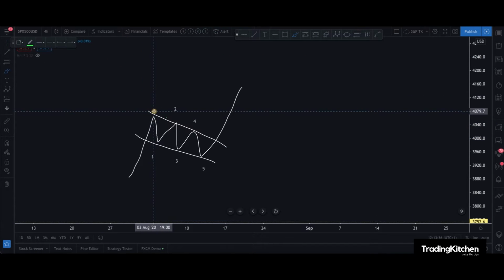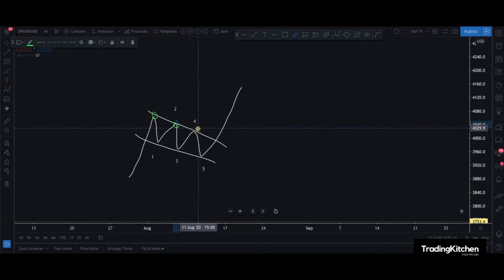So this is the 0, it must be above the 2, that must be above the point 4. Same thing for the lows. 1 must be above 3, that must be above 5. Okay.